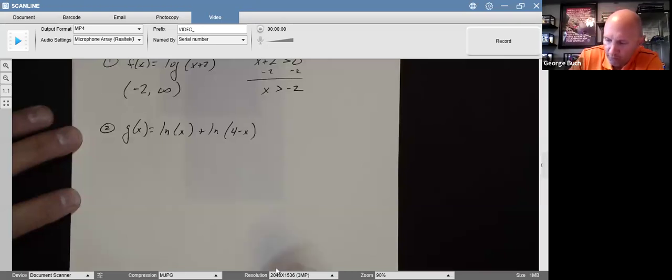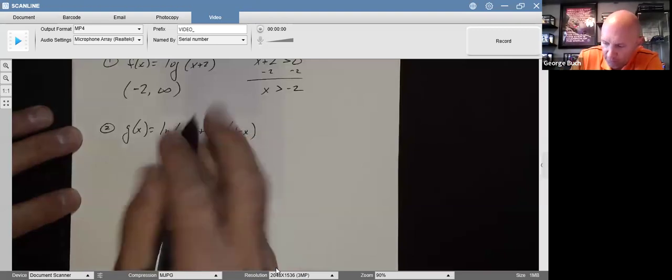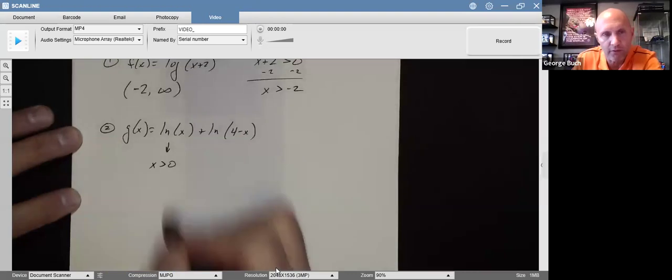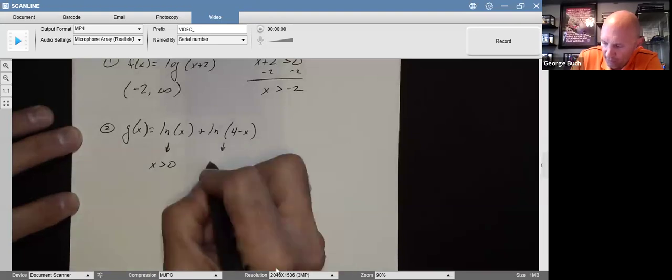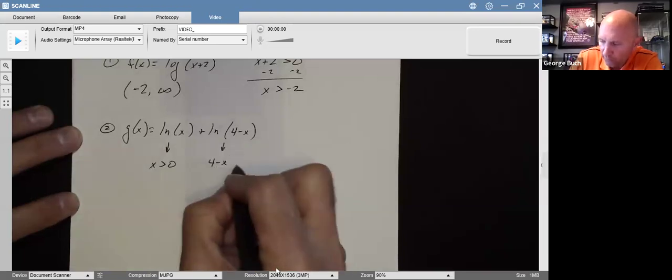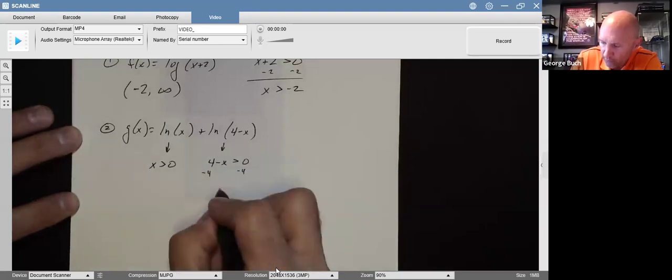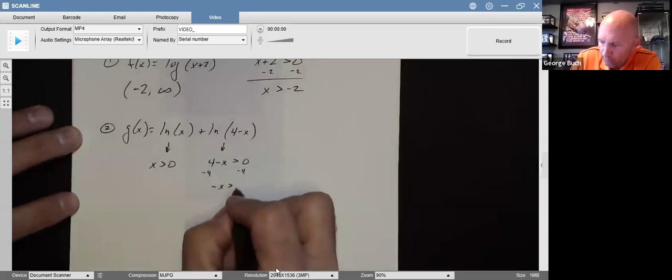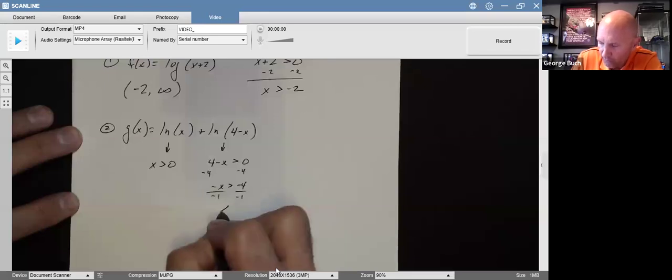First, the domain of just this first piece is that x is greater than 0. Okay, that's easy enough. And for this one, the domain is 4 minus x is greater than 0. So if I subtract 4, I get negative x is greater than -4. Divide by -1, so reverse the inequality, x is less than 4.